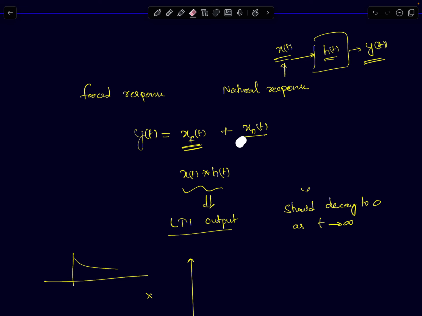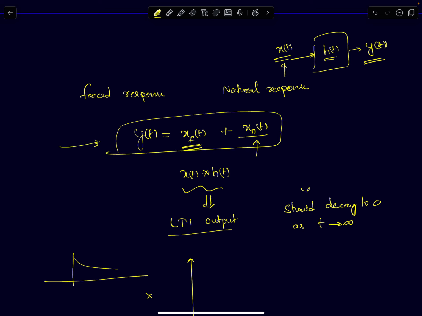Then there is another response which is called the natural response. This comes from the fundamental theory of differential equations also; you don't even have to go to LTI systems. The solution to any linear differential equation can be written in this form, as a sum of two components.